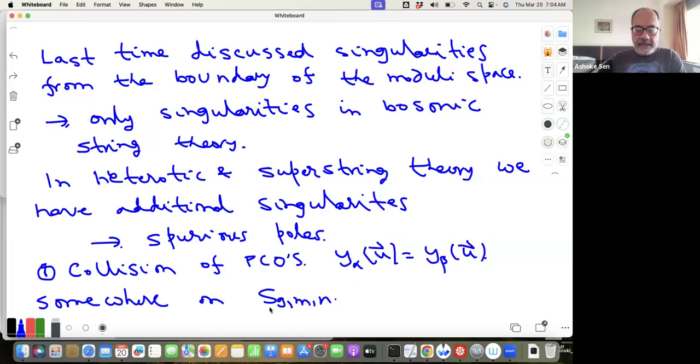Let me remind you that SGMN is the section over which you integrate, and it's parameterized by the moduli space. As you move in the moduli space, the PCO locations can change. If they come on top of each other, then there is a collision, and that produces a singularity, because chi of w, chi of z is singular as w goes to z.